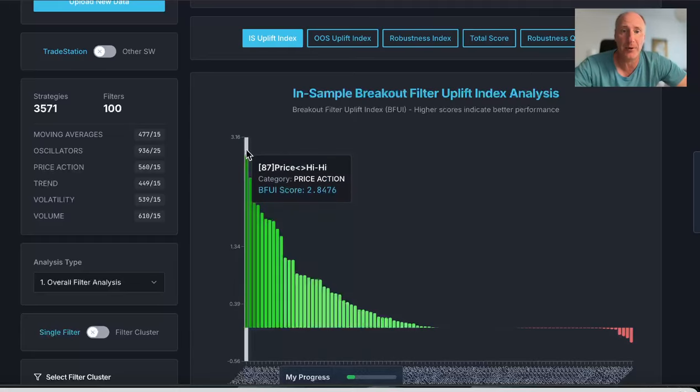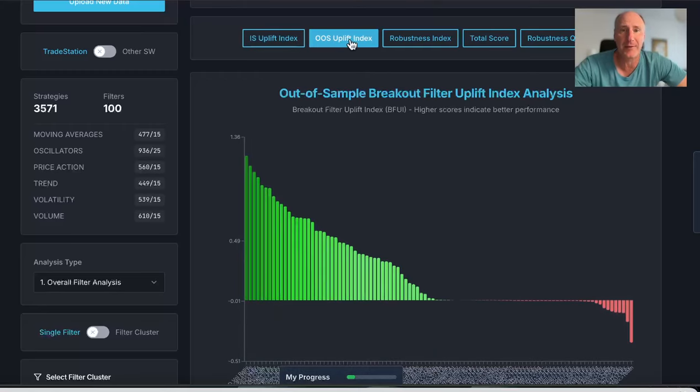The absolute number doesn't matter much. What really matters is which one scores the highest. And then we have the same uplift index scoring on the out of sample data.